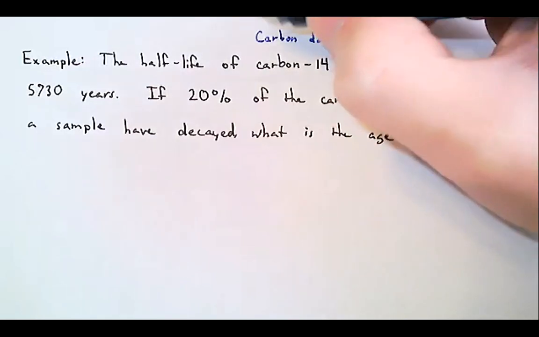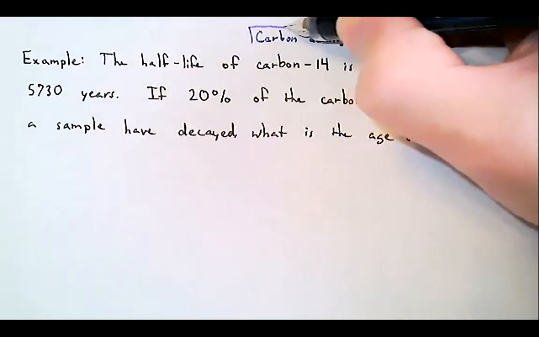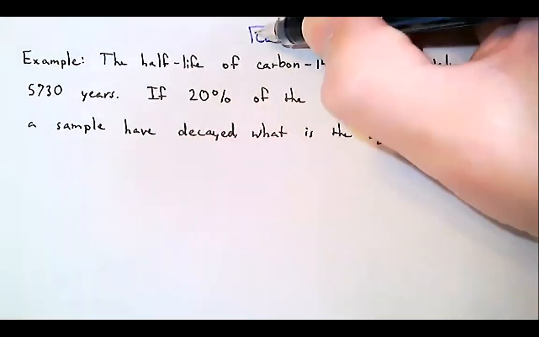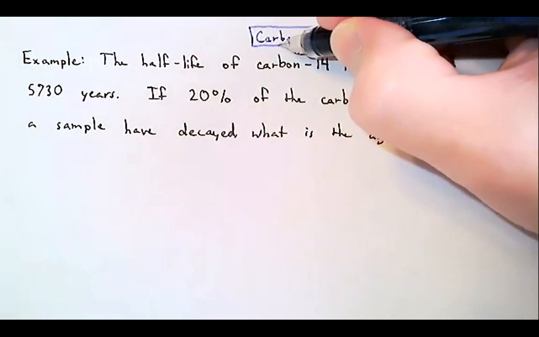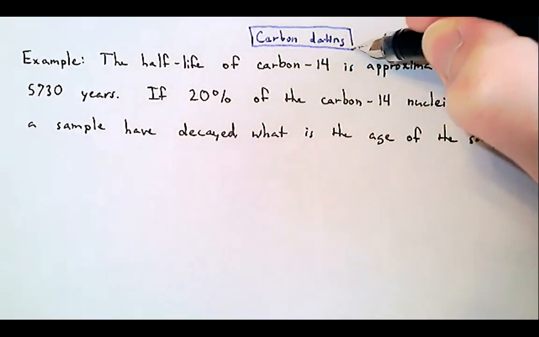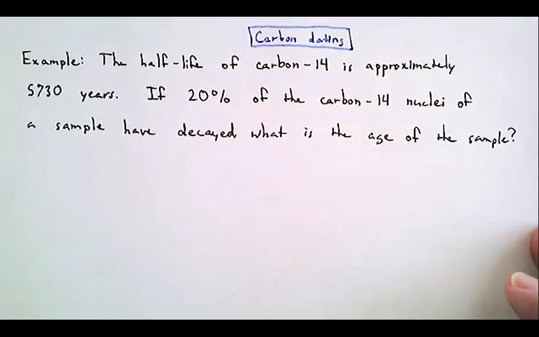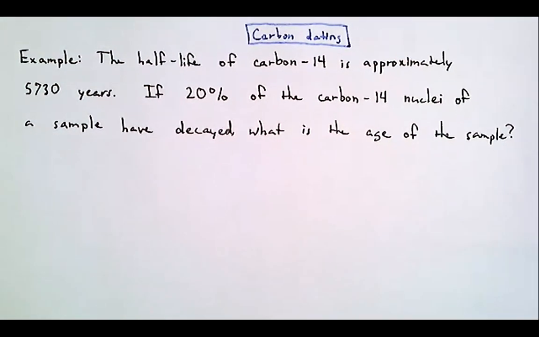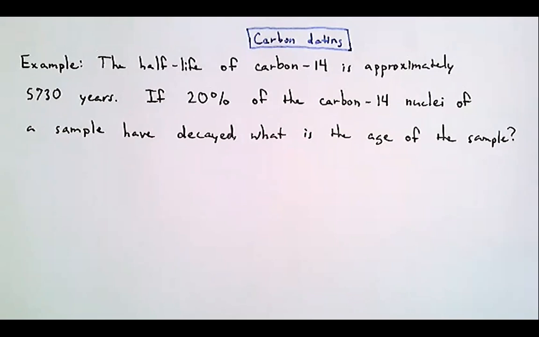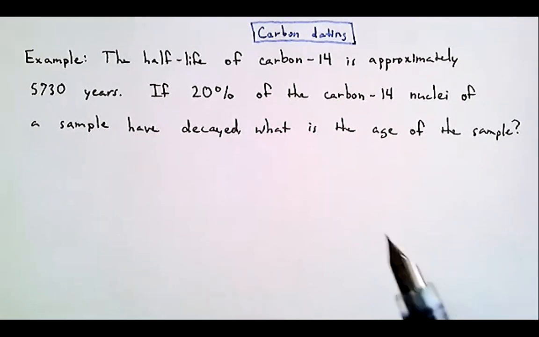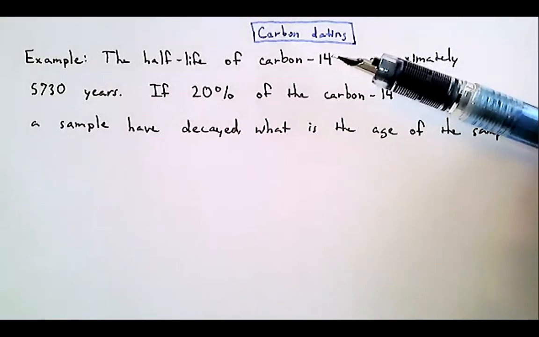So carbon dating is a process that's used by, I guess, archaeologists and other similar scientists to figure out the age of artifacts. And in this example, we're actually going to do a little bit of the math that is behind carbon dating.